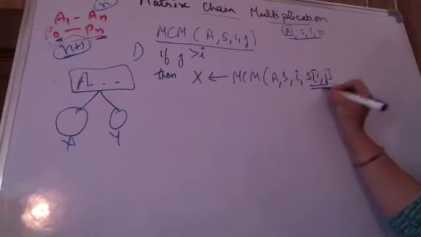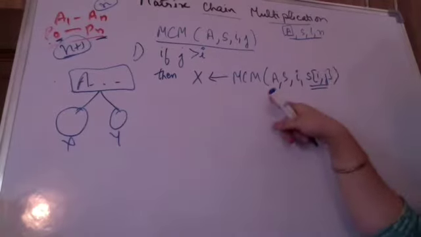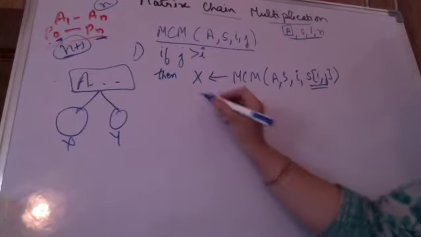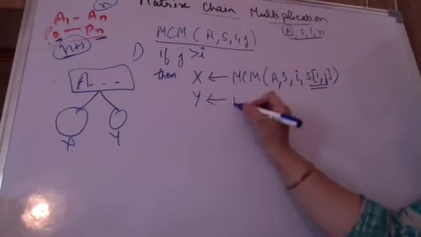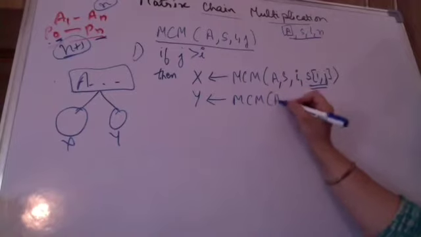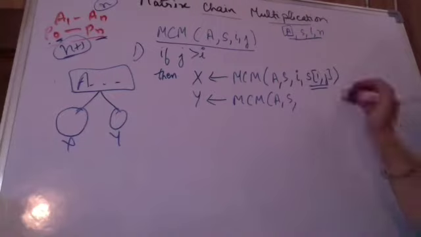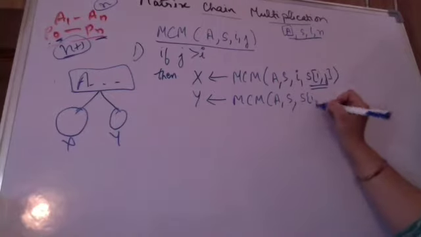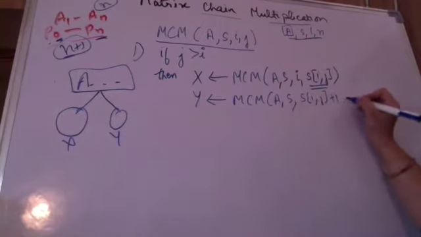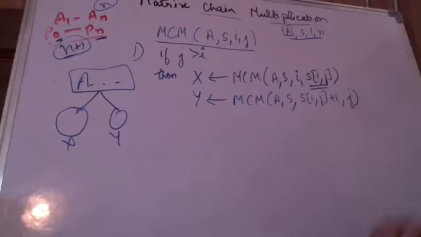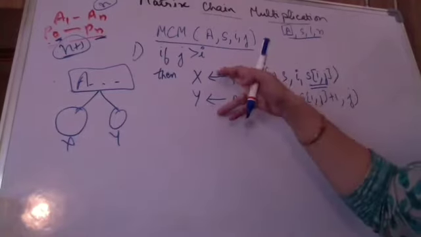We have stored k here. So I am calling this for the first half. Then again I am calling for the next half, where I'll again be using A and S, and now it is beginning with k plus 1. So k plus 1 is S of i comma j plus 1, till j. Is that clear? So I have calculated the two halves.